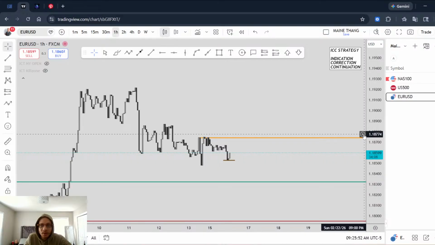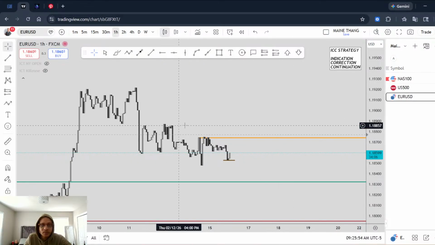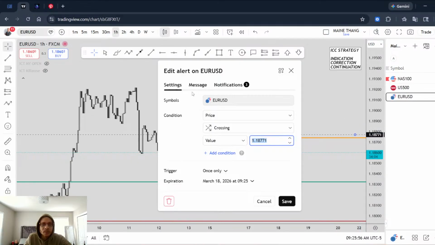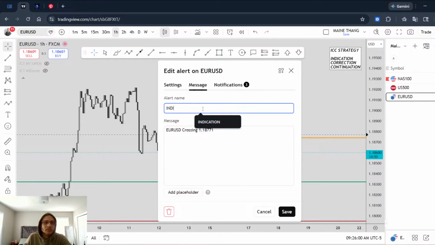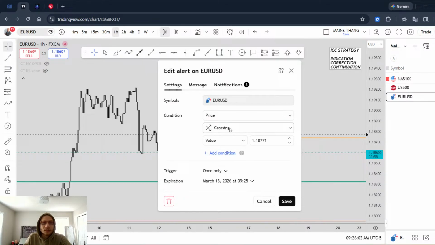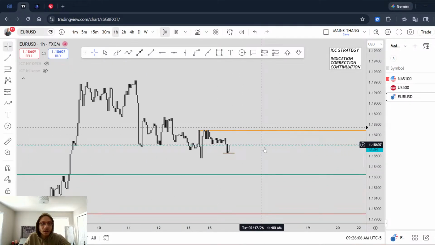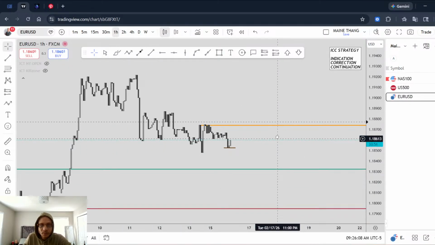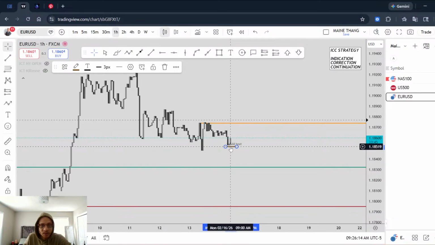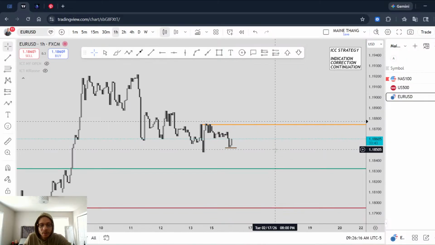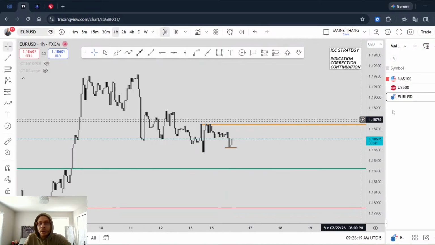So I will put an alarm here, and I'll put that indication. But this doesn't necessarily have to be the higher low on the 1 hour. I'm just marking it up because it could still continue down. But that's where we're at right now with that.